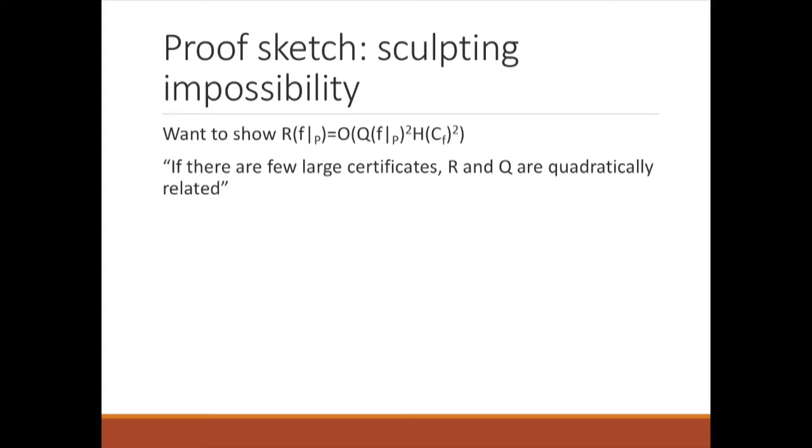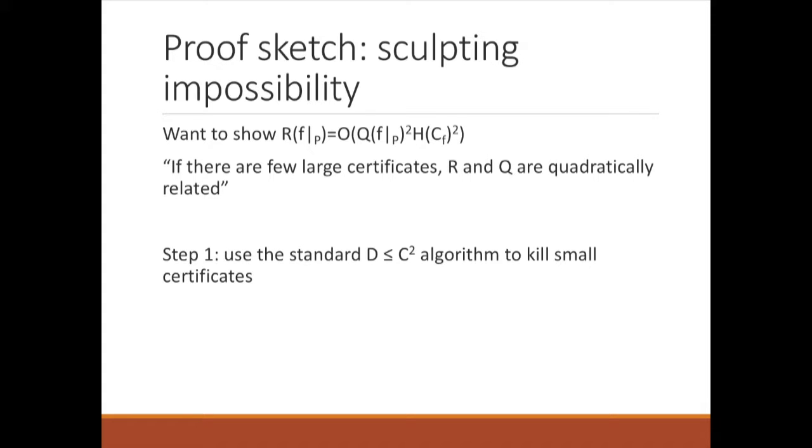This is what we want to show. The argument looks roughly like this. Step 1, we use the standard argument that deterministic algorithms are at most the square of certificate complexity. If you don't know it, that's OK. This is a standard argument in query complexity. We'll apply it here, and it will try to kill the small certificates. Because we know D is large to begin with, we'll apply this argument to remove small certificates.